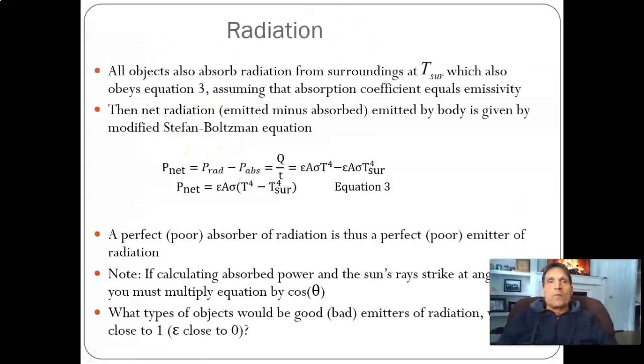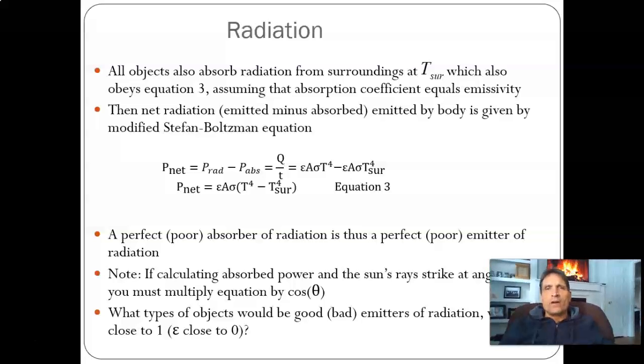So if we want to calculate, each of us radiate power. We radiate energy, and we'll do a homework problem. You can plug in our body temperature, which is about 310 Kelvin, and calculate it. But we also absorb energy, heat, due to radiation by our surroundings, the atmosphere.